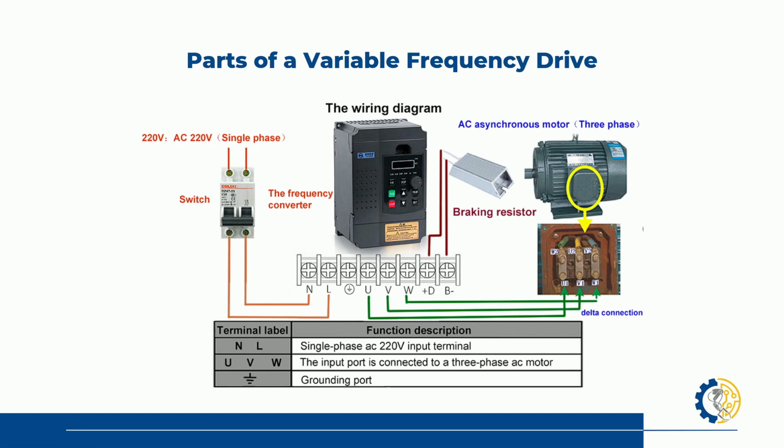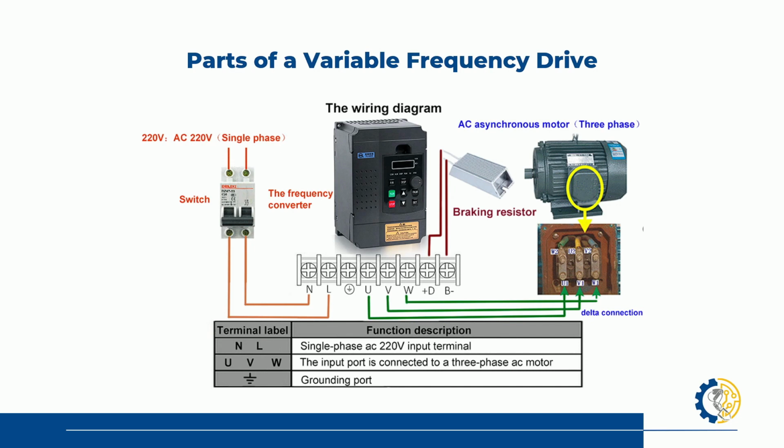Here we have our neutral and our line. This is our input, our feed. And here we have some terminals for our drive. We have a lid here, which very shortly we're going to verify.